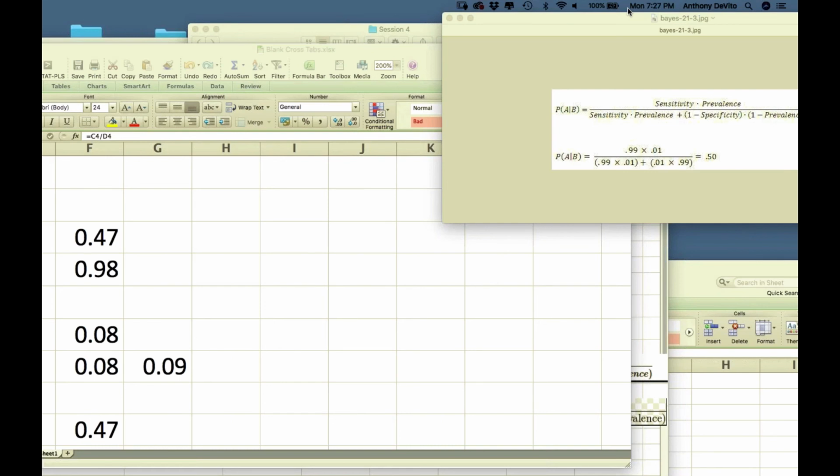But you could use it in a million other situations. It's just that A and B are other things. Just like in that table, we were looking at the probability of being married given that you're male, or male given that you're married, or something like that. You can use Bayes' theorem universally. We're just specifically applying it to this.